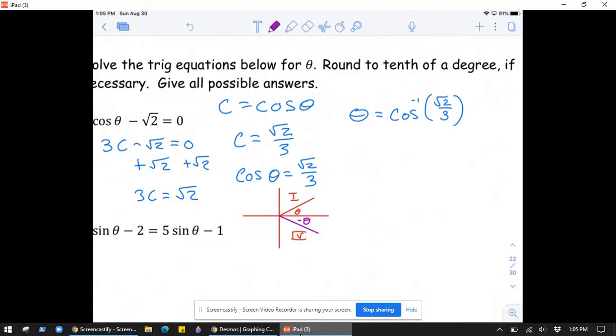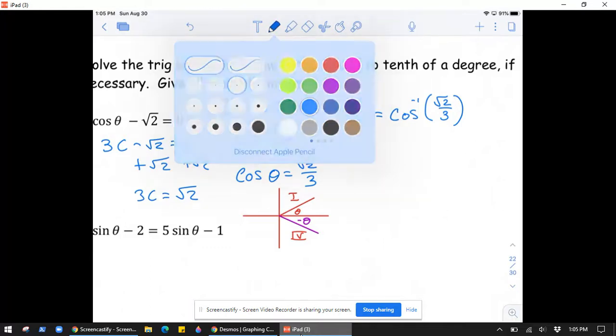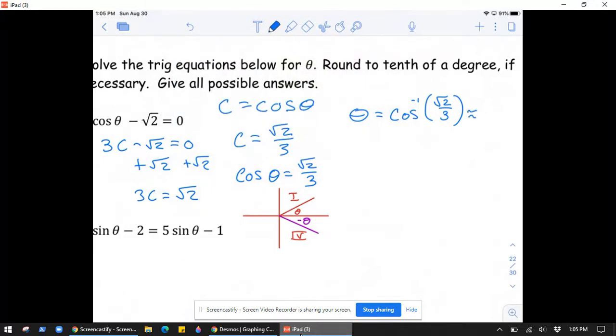So I'm going to write this as about 61.9 degrees. Let's call that theta 1 because that's the first angle. Theta 2 would be the one in quadrant 4. Now you can express that in many ways. I'm going to express it as a negative angle, so theta 2 must be negative 61.9 degrees.